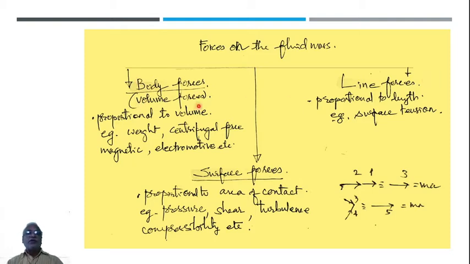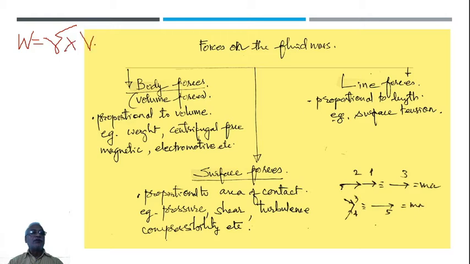Body forces or volume forces are proportional to volume. The examples will make it very clear. The weight. Weight is a gravitational force. Now how do you find weight? If you remember the equation involved for weight, it is W is equal to M into G or gamma into volume.